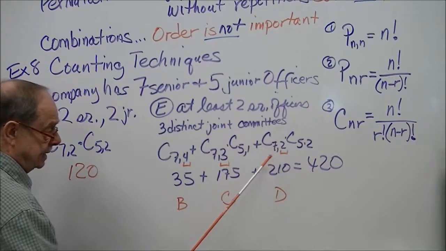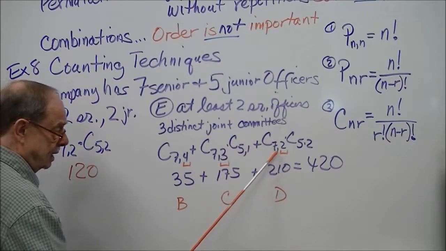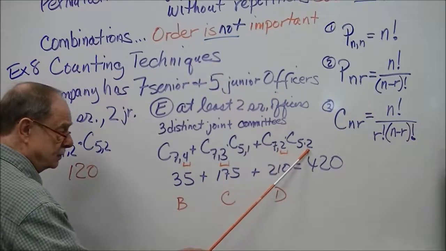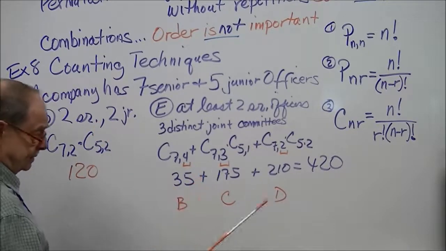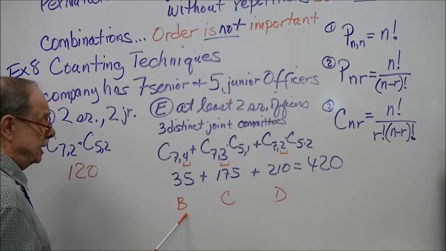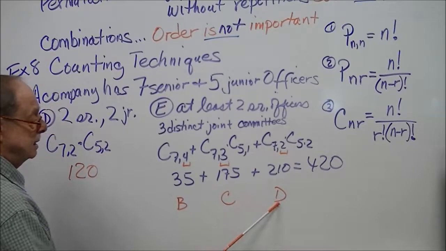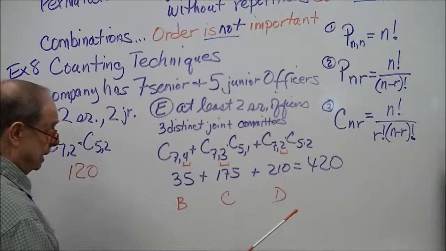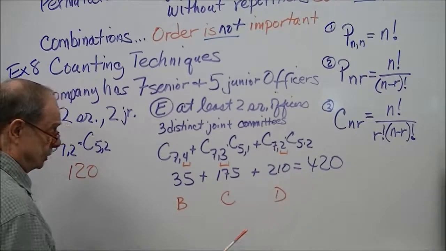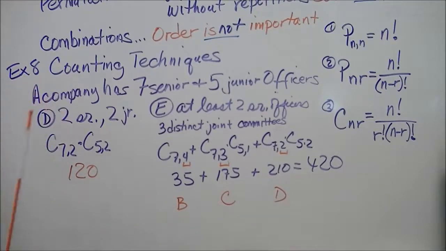And then in the next case, you're going to pick 2 senior officers, and you'll need 2 junior officers, which happen to be what we have here in letter D. So this is a combination of B, C, and D, where we add this together, and then the final answer is 420.